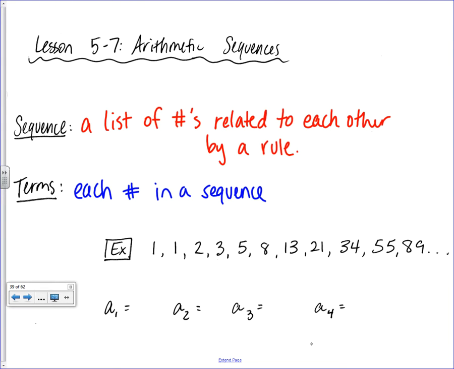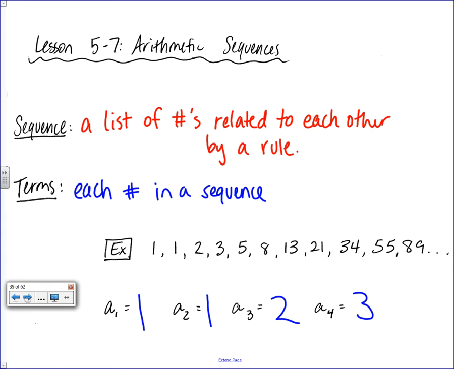So if I ask you for a sub 1, that just means what's the first term? And it is 1. A sub 2 means the second term, which is 1. A sub 3 is the third term. A sub 4 is the fourth term, and so on and so forth. See if you can find the pattern for that sequence. Let me know tomorrow during class.